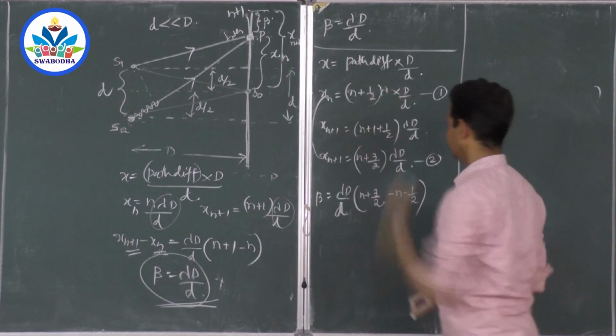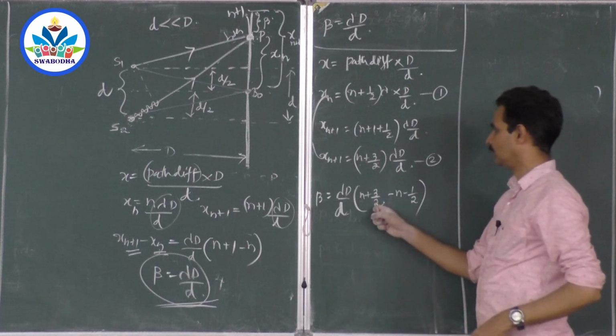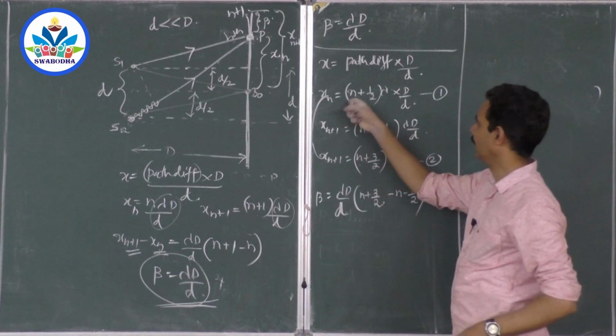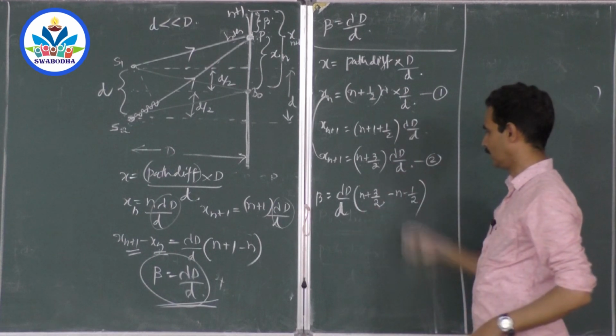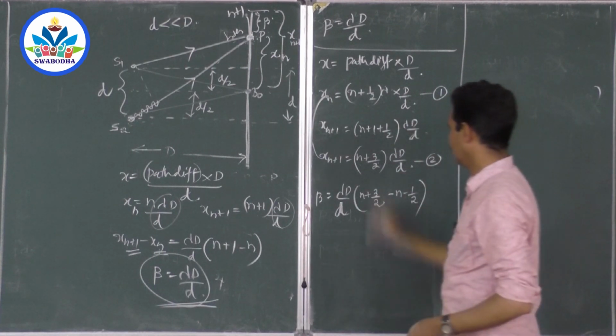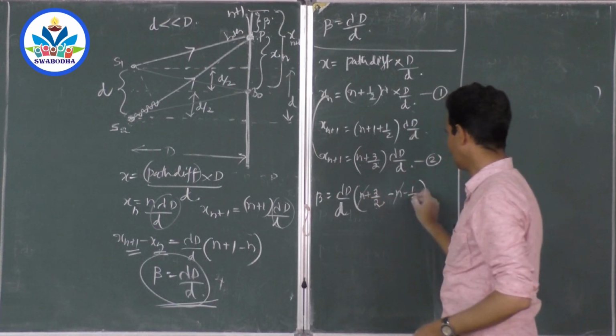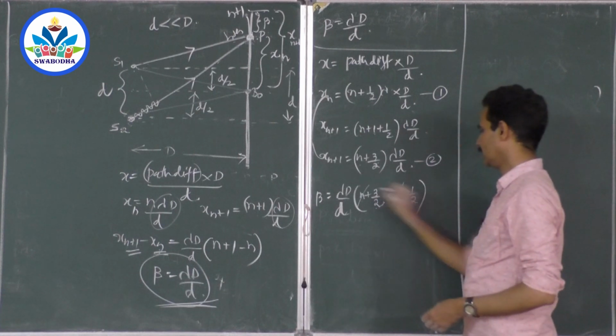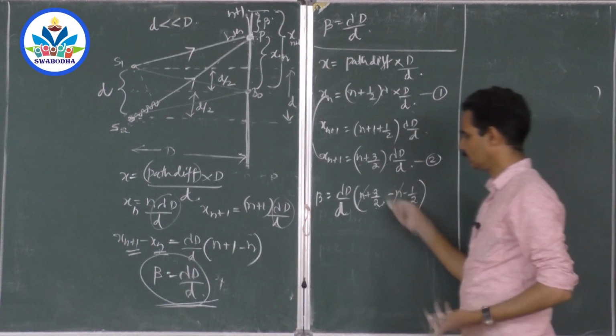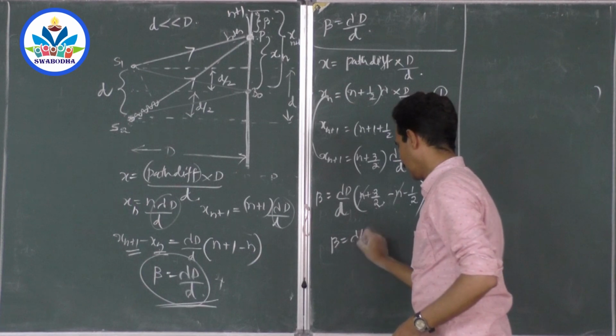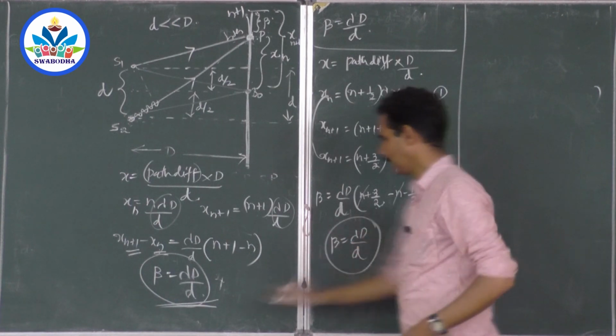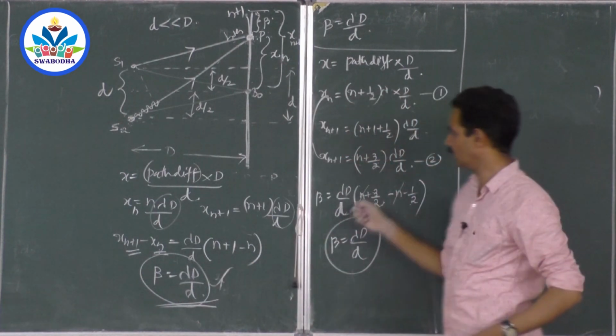What you will get? Lambda D by d is common. What you will remain with? n gets cancelled. What is 3 by 2 minus 1 by 2? 2 common. 3 minus 1 is 2, 2 by 2. That is, beta is equal to lambda D by d. You get the same answer as this one. Right? Did you get this?